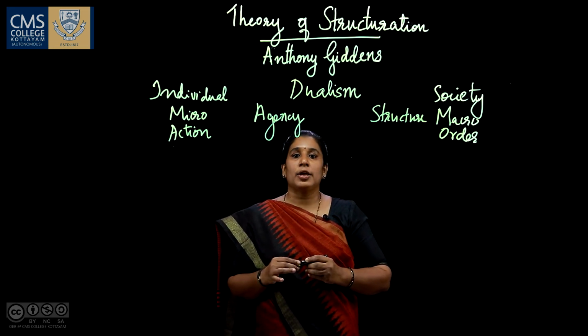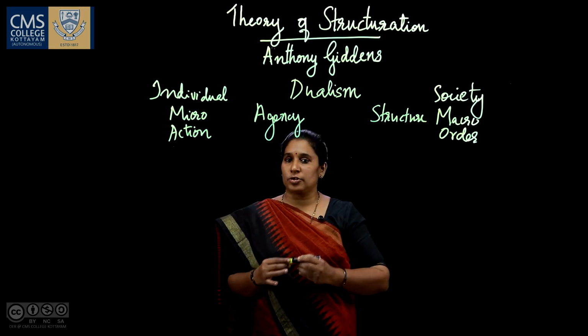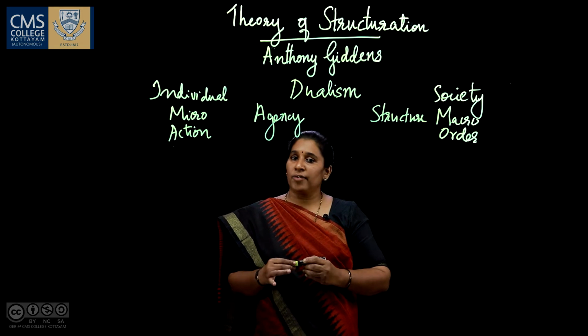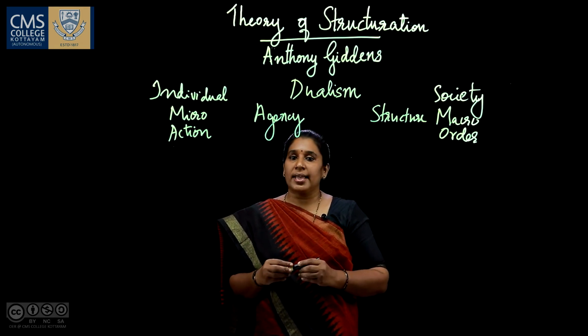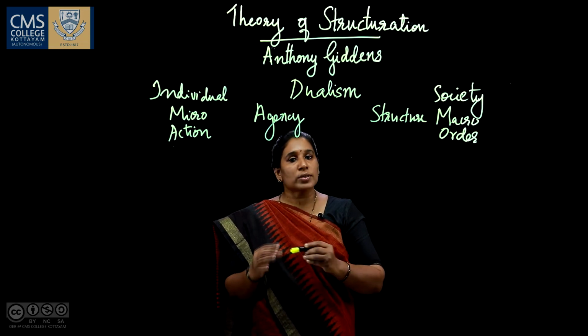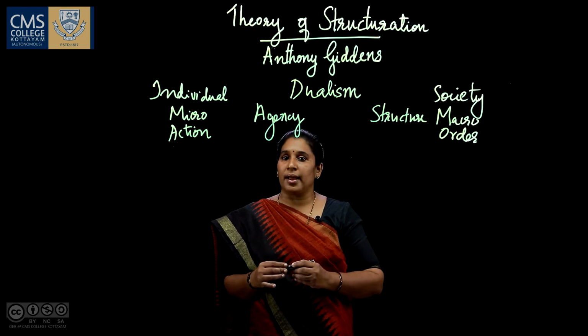Anthony Giddens uses the binary opposite terms agency and structure. When we analyze the entire sociological theories, we can see that most of the theories come under any one of these two categories.